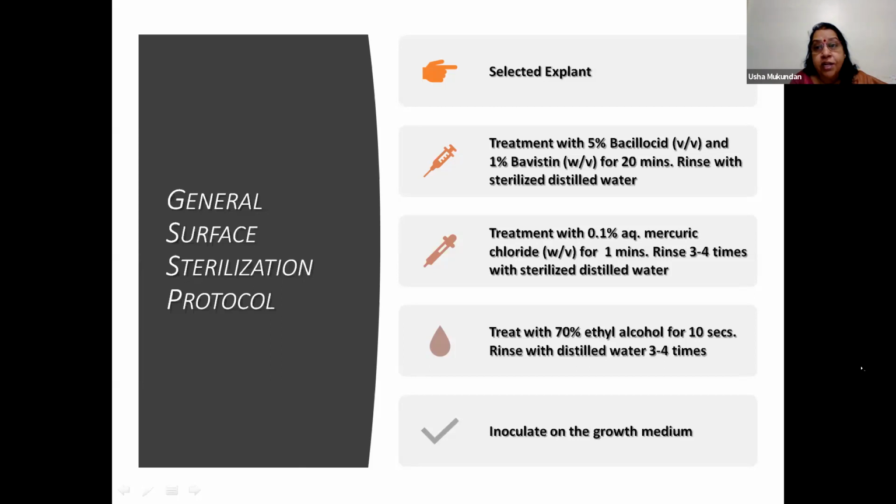So you are not using steam under pressure. If you use steam under pressure, that is in an autoclave, so that is sterilization. But if you want to disinfect, then in pasteurization, you are not using a pressurized system. Is it clear to you all? Yes or no? Yes.